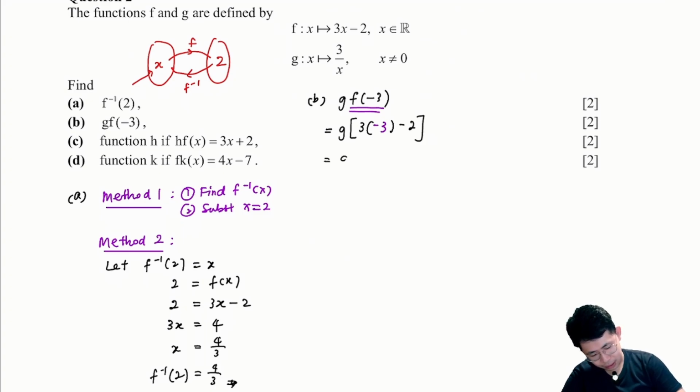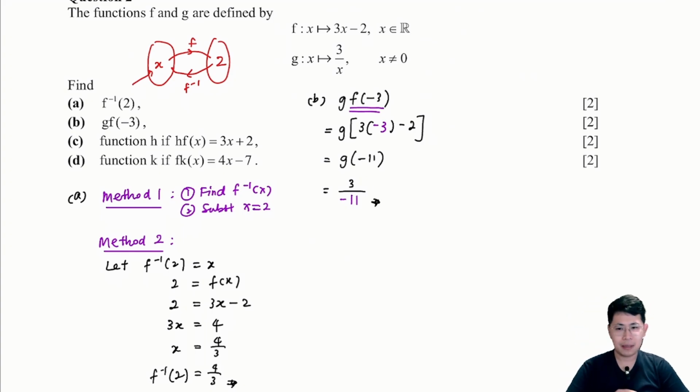Evaluating the number inside the bracket, this would be equal to negative 11. Subbing negative 11 into the formula 3 over x, the x now input is negative 11, so writing it nicely it will be negative 3 over 11. This will be the answer for part B.